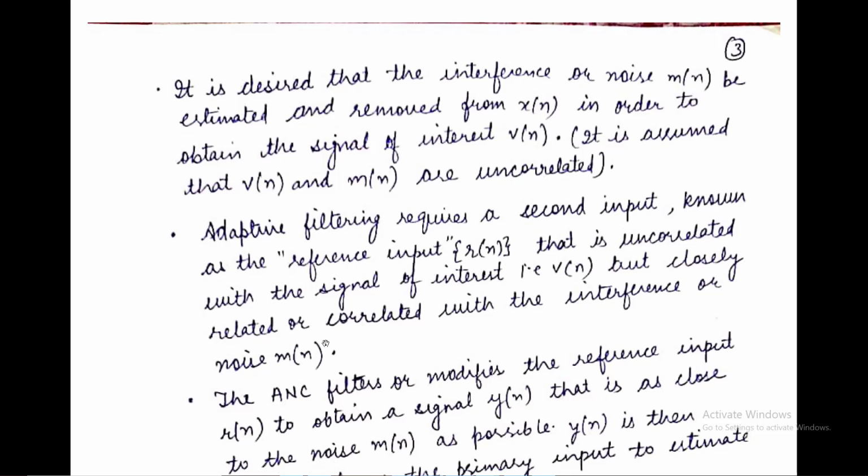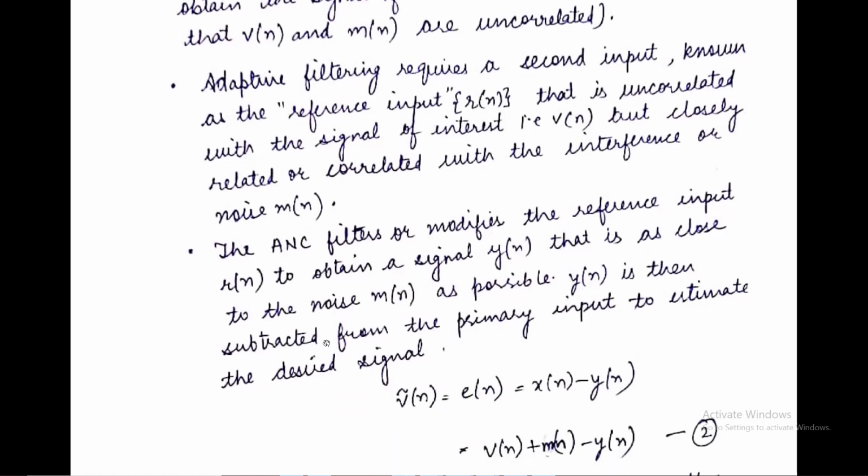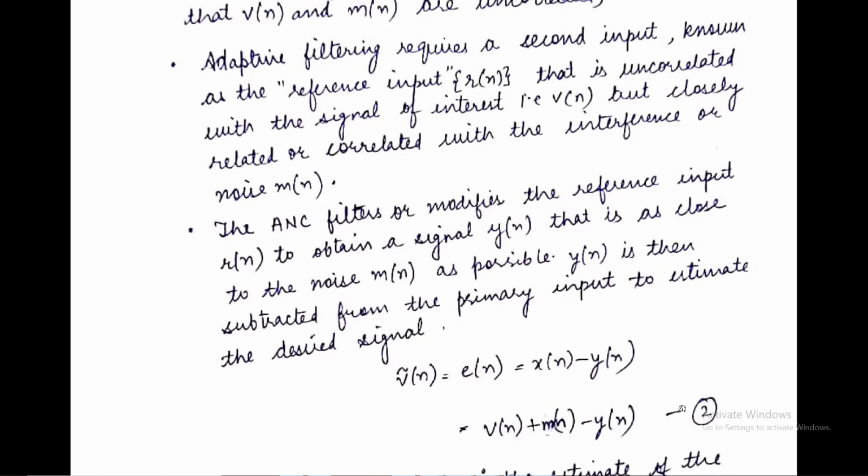So the adaptive noise canceller, or adaptive filter, modifies this reference input to obtain a signal Yn, which is as close to the noise Mn as possible, and then Yn is subtracted from the primary input to estimate the desired signal. So these are the equations which you can follow.